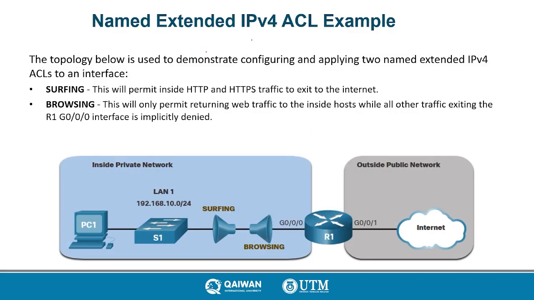The topology below is used to demonstrate configuring and applying two named extended IPv4 access lists. We have SURFING and we have BROWSING. This one is the outside public network and this one is the inside private network.